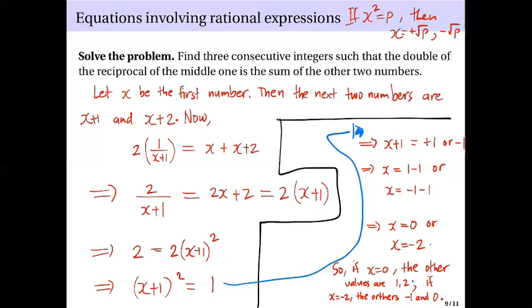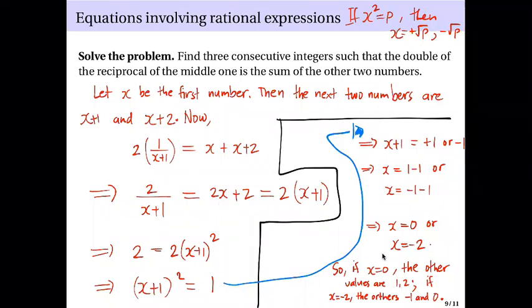And you can verify that one. So twice the middle one. Look at here. You have 0, 1, and 2. The reciprocal of 1 is still 1. And twice the reciprocal is 2.